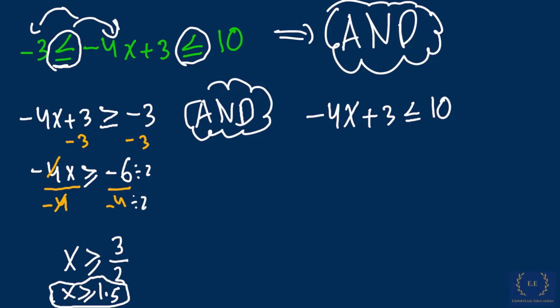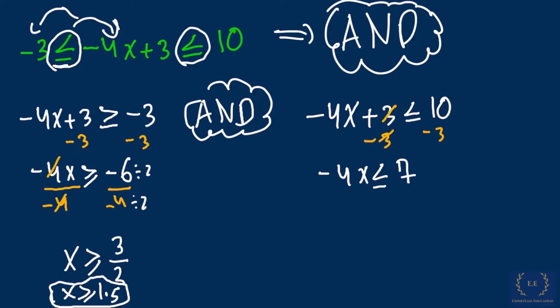Let's go for the second part, which is right here. I'm going to follow the same steps. I will say minus 3, and then minus 3. I'll end up having minus 4x less than or equal to 10 minus 3, which is 7.